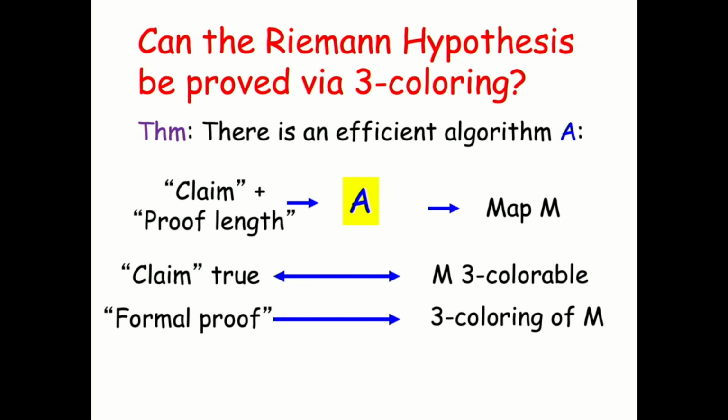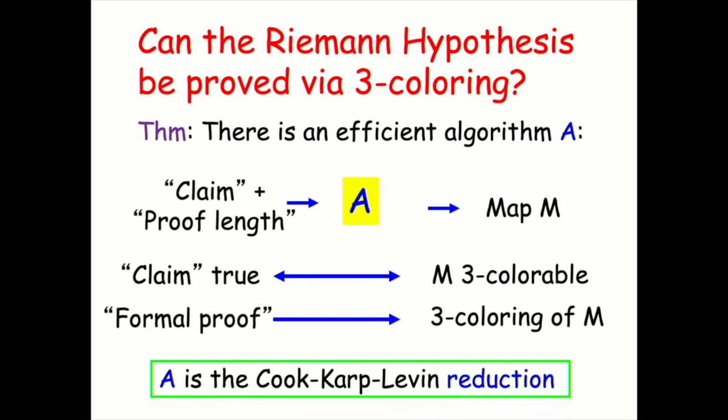And moreover, if anybody has a formal proof, this algorithm would convert it to a three-coloring. So that's the reason you might as well work on the map coloring of this map if you want. This A is basically a reduction, as in the initial papers of Cook and Levin. Okay.